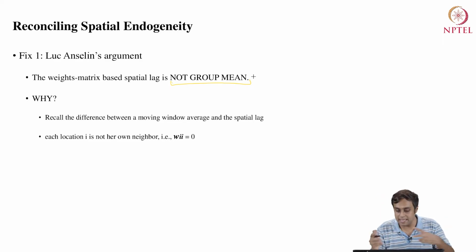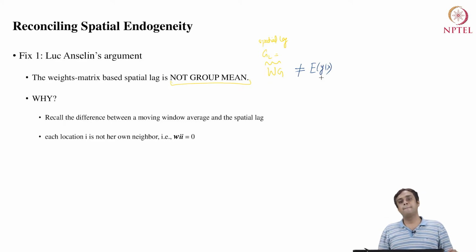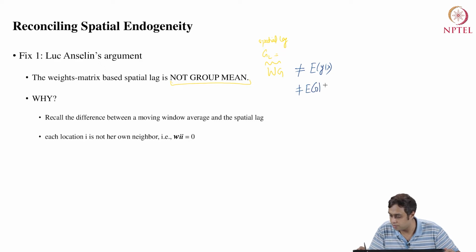So what Anselin is trying to say here mathematically is that the effect Wg, which is the spatial lag defined using the weights matrix, is not equal to the expectation of y given x, or let's say not equal to the expectation of g given some x.